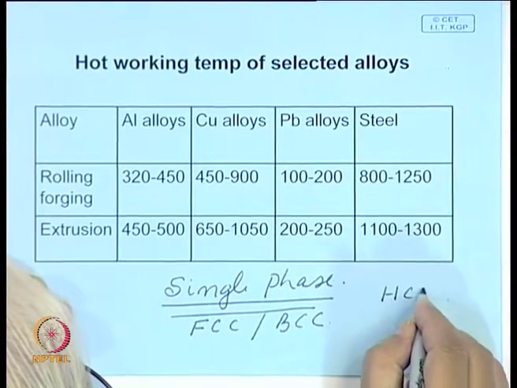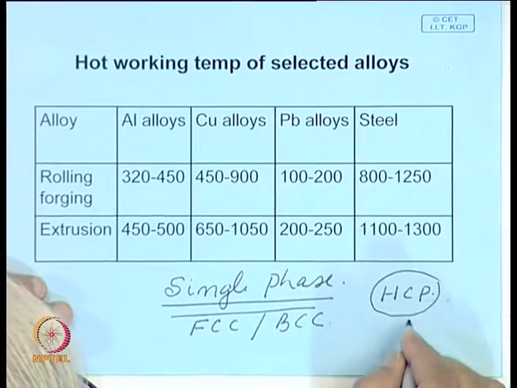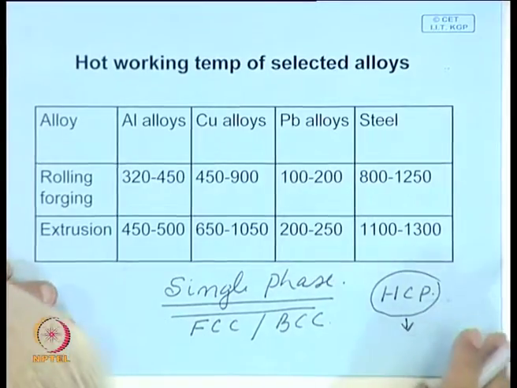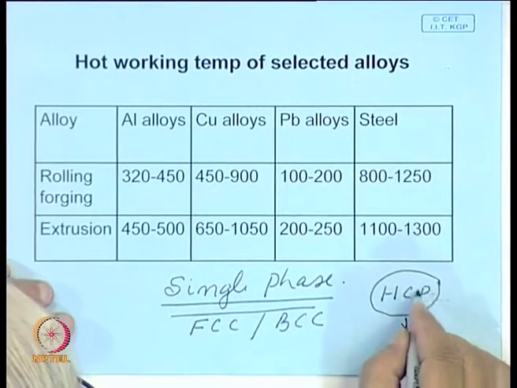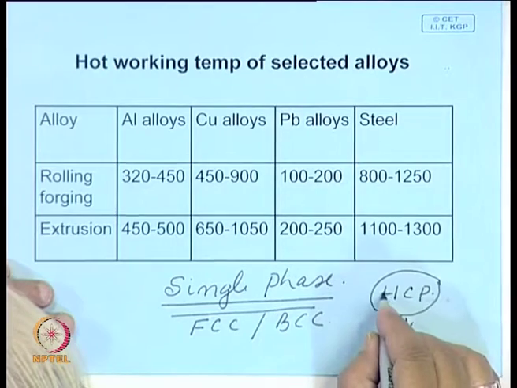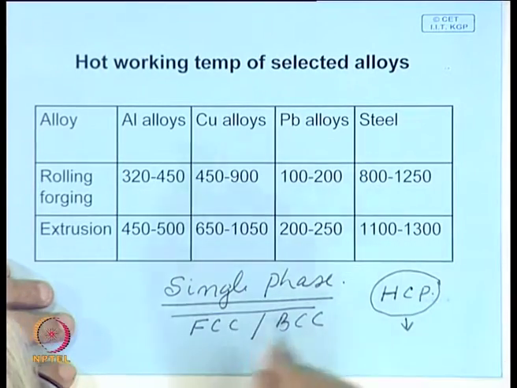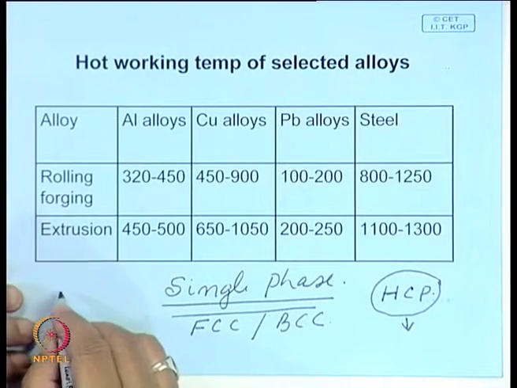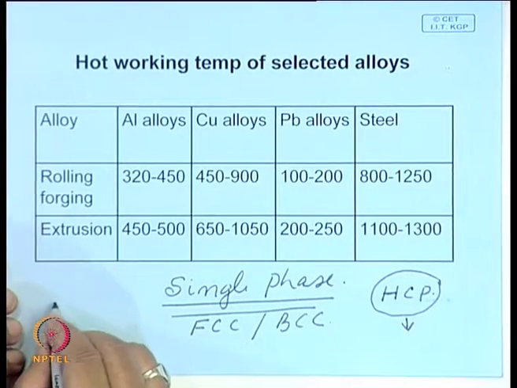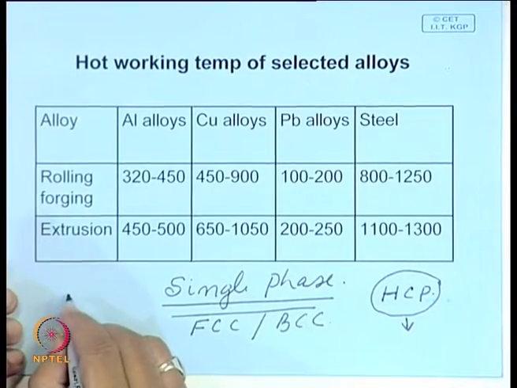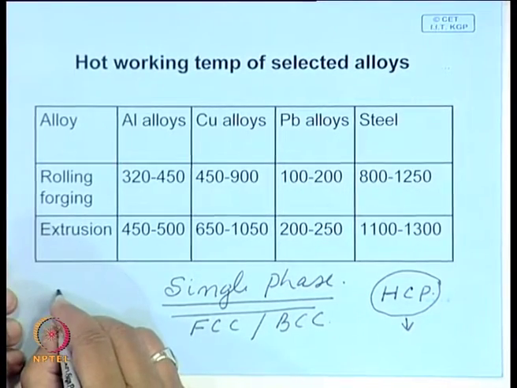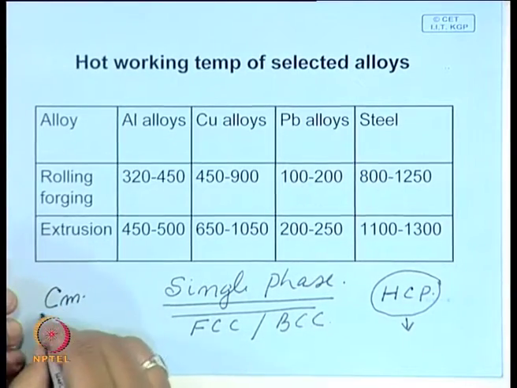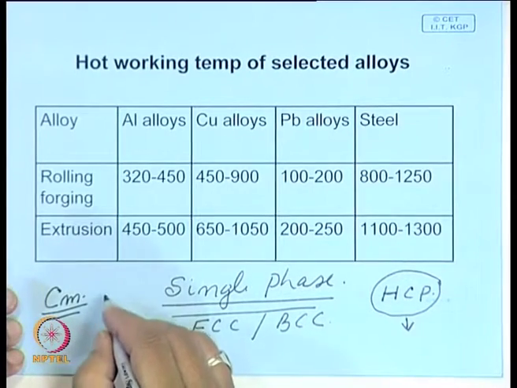Hexagonal close pack structures, say ideal hexagonal close pack, are difficult to deform. They do not have enough slip systems, or enough mechanisms by which deformation or shear can take place in the metal. Similarly, some materials are inherently very hard because of their crystal structure, such as carbides like cementite or some of the intermetallics.